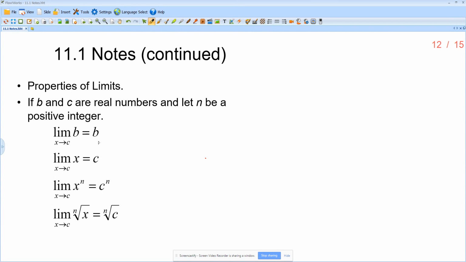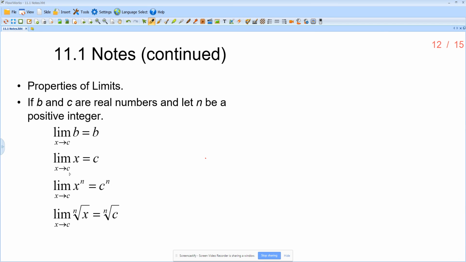is just b. So to think about what we're saying here, we're saying something like the limit as x goes to 3 of 5. Well, there's nowhere for me to substitute that 3 in. There's no x here. This is just a constant function. So the limit would be that constant.